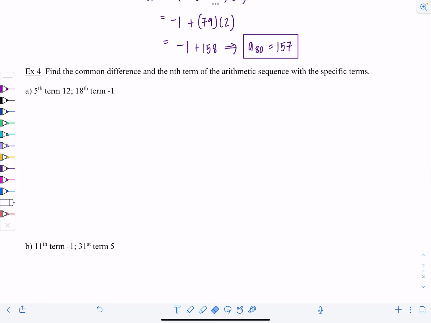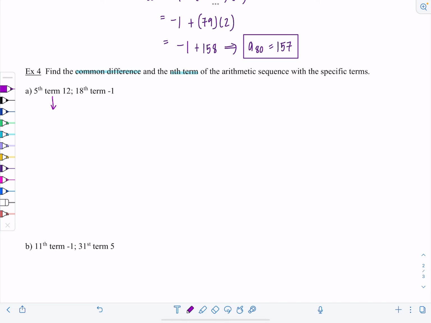So find the common difference, so that means find D, and the nth term, so a sub n, the definition of the arithmetic sequence with the specific terms. So here they're telling us the 5th term is 12 and the 18th term is -1. All right, let's rewrite that using our notation for sequences. The 5th term is 12.